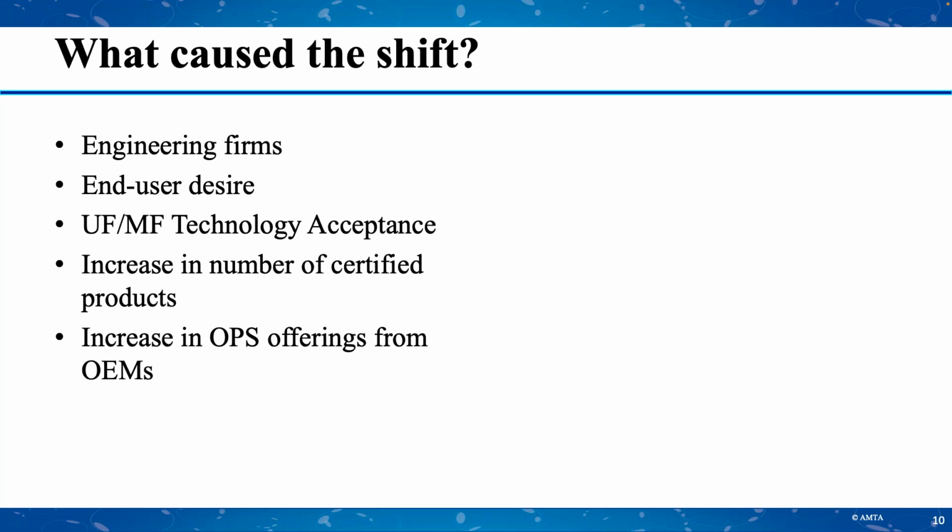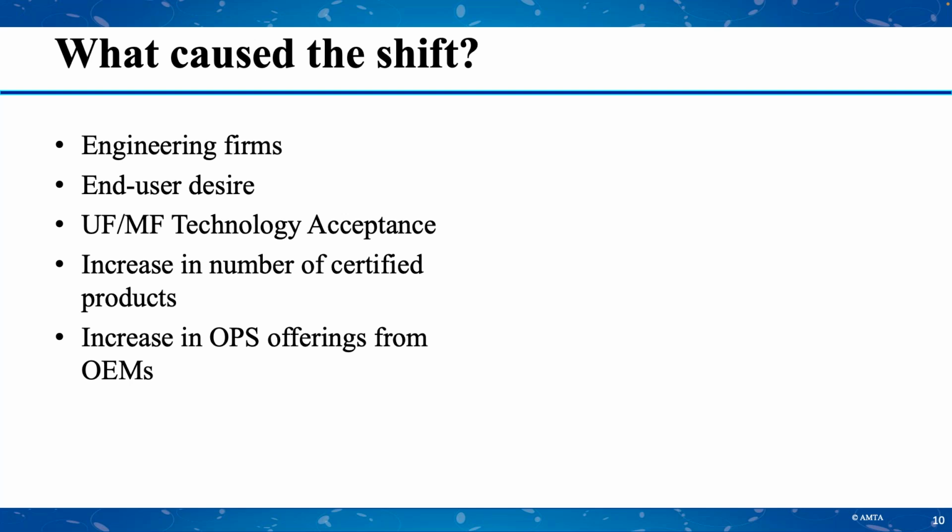Remember that the very first one came out in '73, but even well into the 90s, the installed capacity of UF and MF was fairly small, but by the 2000s, it was even surpassing some of the RO installed capacity, and then also a lot more products came onto the market. Were certified for drinking water application, and we also had a large increase in the offerings from the OEMs.